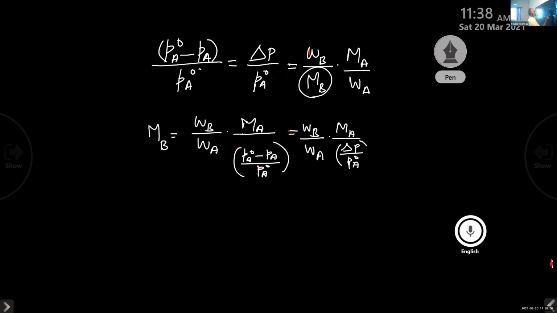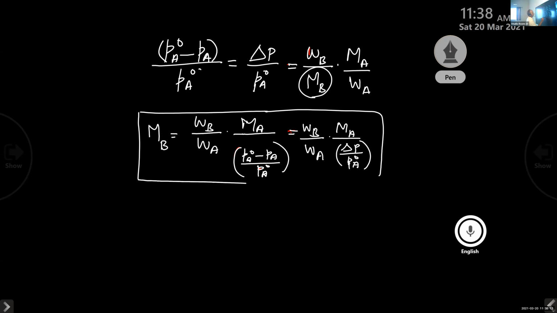That is the relation for the molecular mass. That is the equation for molecular mass. So you write only this equation, the final equation, for the molecular mass of the solute.